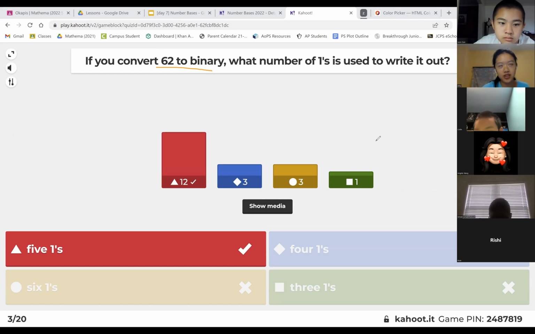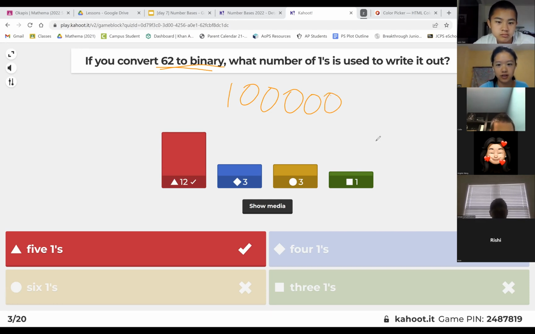So for this one, I'm actually going to show you guys a little trick. 64 in binary, the only one in it would be 2 to the 6 and everything else would be 0. So 2 to the 6, 2 to the 5th, 2 to the 4th, 2 to the 3, 2 to the 2.